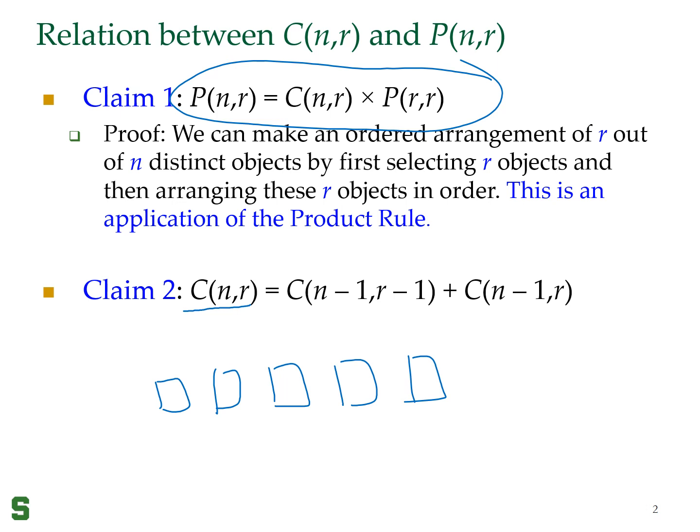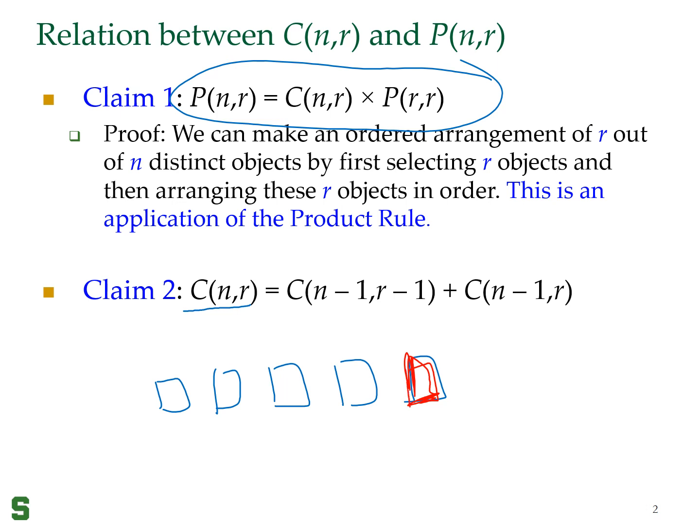Out of these n objects, I'm going to call one of the objects red. Now I can decide whether to have this object or not. If I have this object, that's going to give me one set of combinations. If I don't have this object, I'm going to get some other set of combinations, and the combinations that I want are ones where either this object is included or not included.